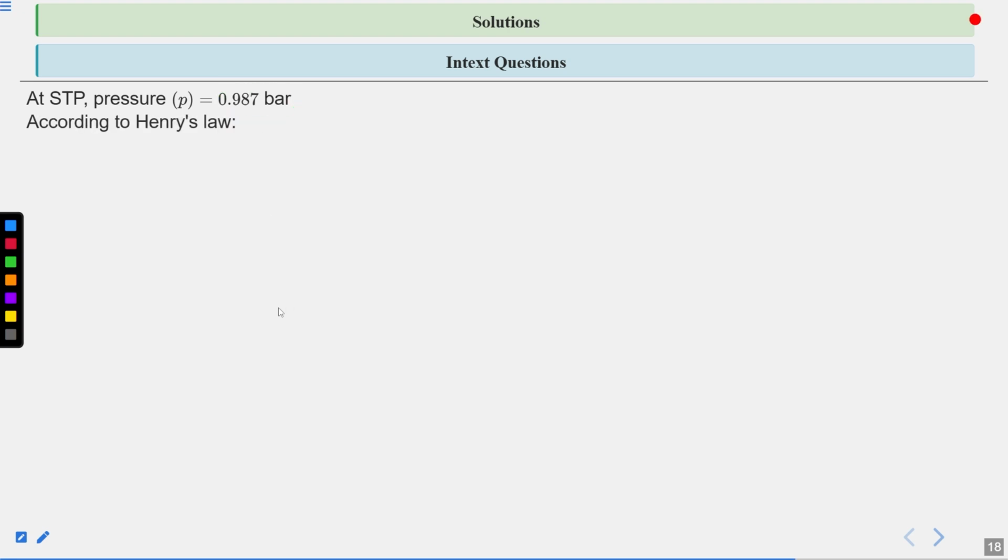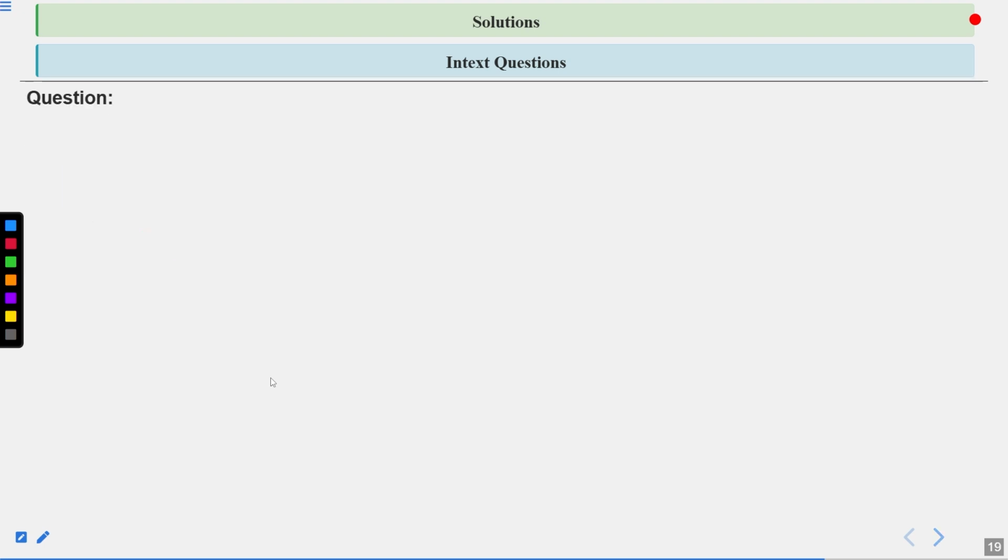According to Henry's law, P is equal to KH chi. We have the pressure, and chi has been calculated, so KH can be written as P by chi. P by chi will give you 282 bar. Remember, KH has a unit similar to pressure because mole fraction has no unit.